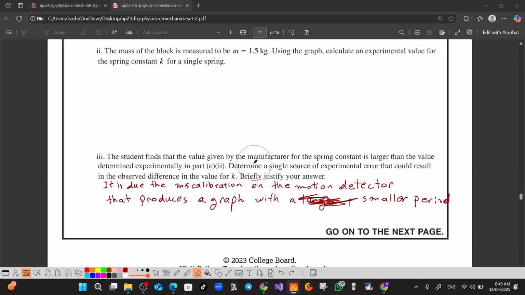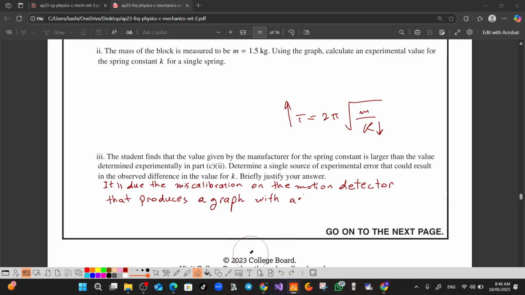Sorry. Let me read it. The value given by the manufacturer for the spring constant is larger than the value we found. So our value is smaller. So the period is equal to 2 pi radical m over k. So the k is smaller, the period is larger. So definitely the period that we got is larger.